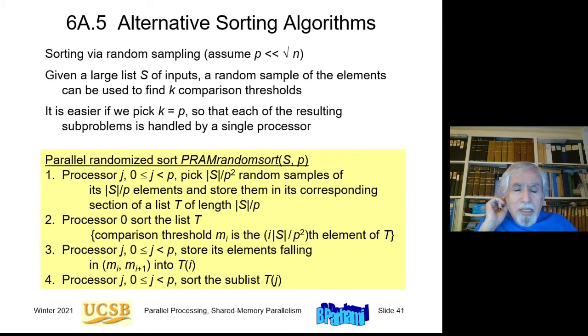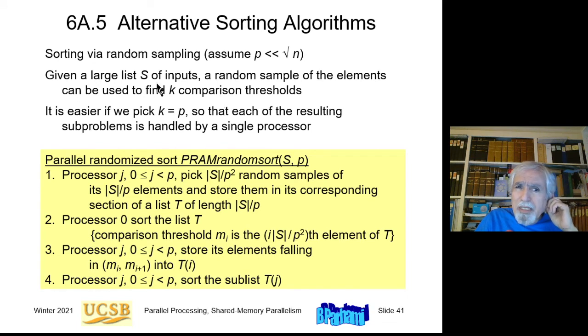So this one is called sample sort, or sorting via random sampling. We assume that the number of processors is much less than the square root of n, and this is a reasonable assumption when we sort huge lists, let's say 1 million items or even more. The square root of 1 million is 1,000, and if we have far fewer than 1,000 processors, then this algorithm works well.